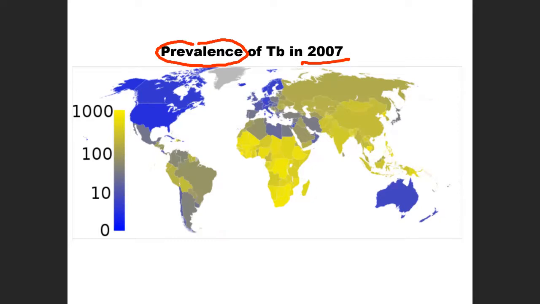Also, HIV and AIDS. In a lot of these countries that are in yellow that have really high incidence of TB, there's also a really high incidence and prevalence of HIV and AIDS. And one of the more prevalent infections that AIDS patients get is TB. It makes them more susceptible to that.